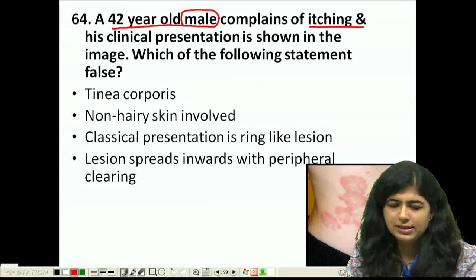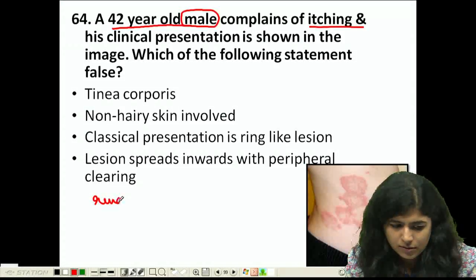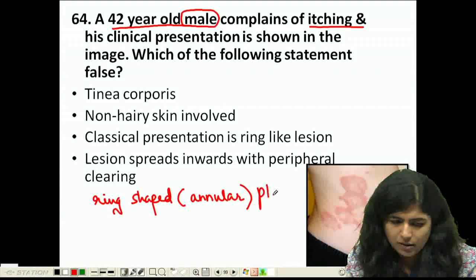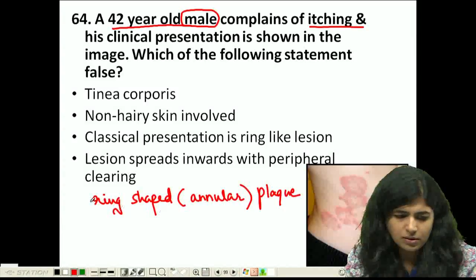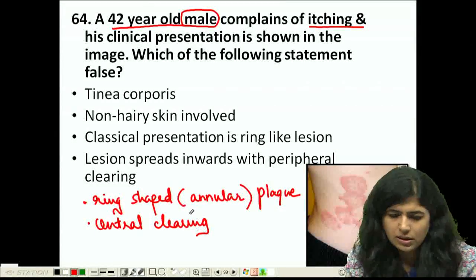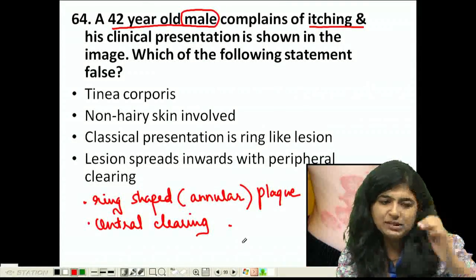The image tells you that it is a ring shaped, that means annular plaque with central clearing. That is all that you can make out in the image here.